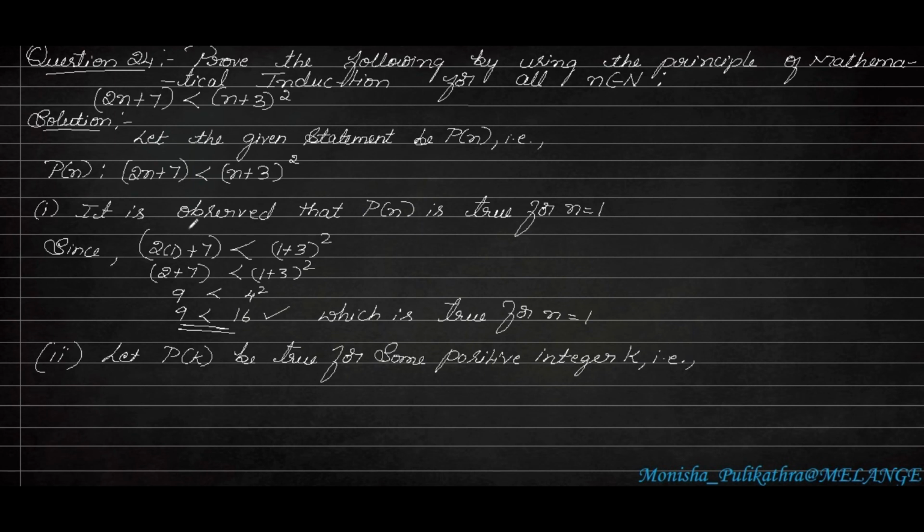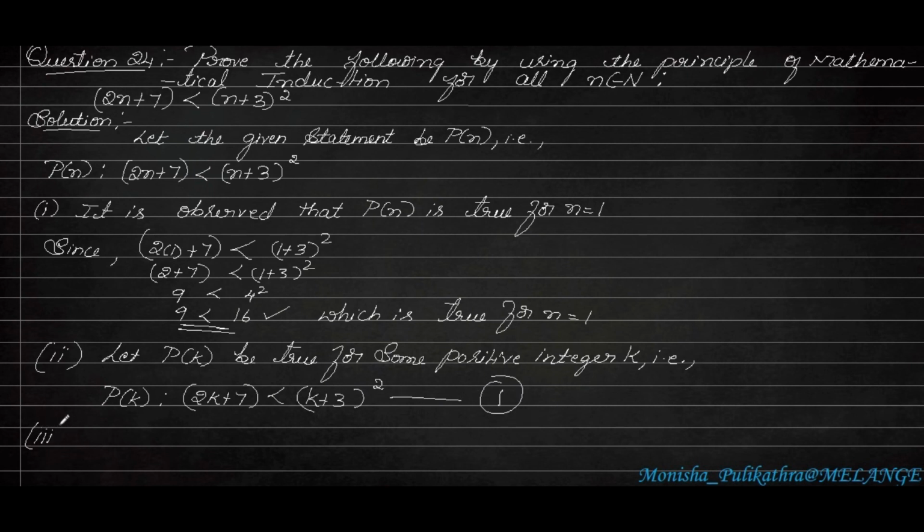So in the place of n we have to include k here. So it will become P of k, that is 2k plus 7 less than k plus 3 whole square. So this is equation number 1. Let this be equation number 1.